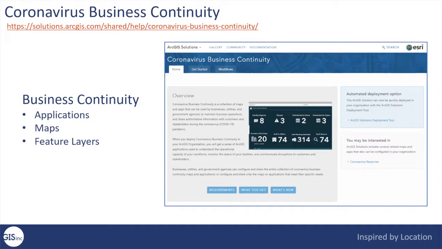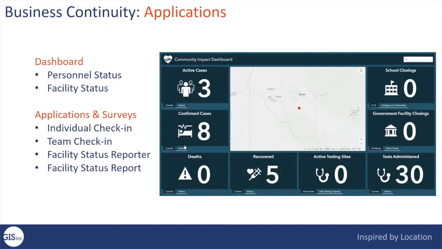And organizations like businesses or utilities or government agencies will find deploying this solution very useful in helping maintain that continuity between your facilities and your workforce. Now, within the solution, there are several dashboards and applications that you have access to. A couple for monitoring the status of personnel and facilities.